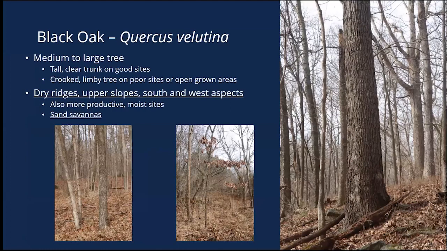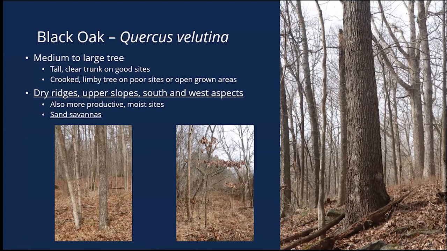Black oak is a medium to large tree. They can get pretty big, but they tend to be somewhat shorter lived than some of the other oaks, usually 100 to 125 years, and then you'll see them start to fall apart. They tend to have tall, clear trunks, usually if they're on a good site, or they can grow as a crooked, limby tree on poor sites or open grown areas.